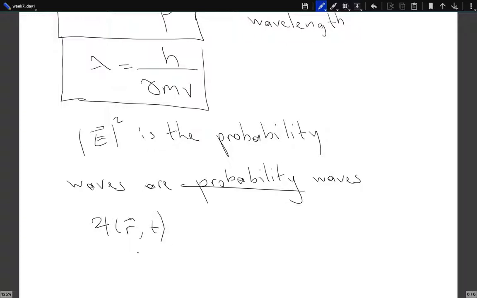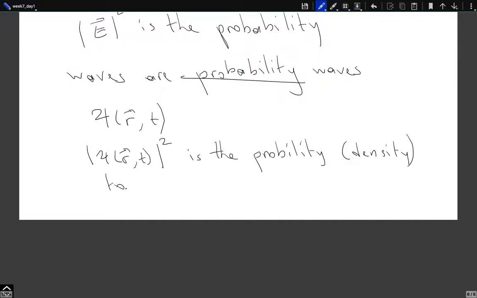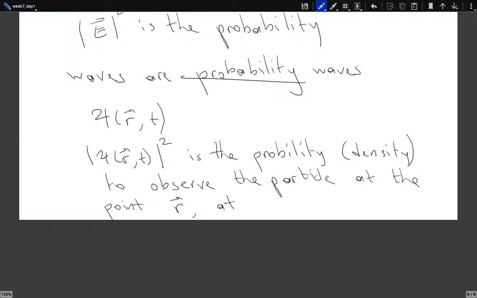It will have some value at the point r at the time t, and then we will say that the absolute value squared of psi of r, t is the probability density to observe the particle at the point r at the time t.